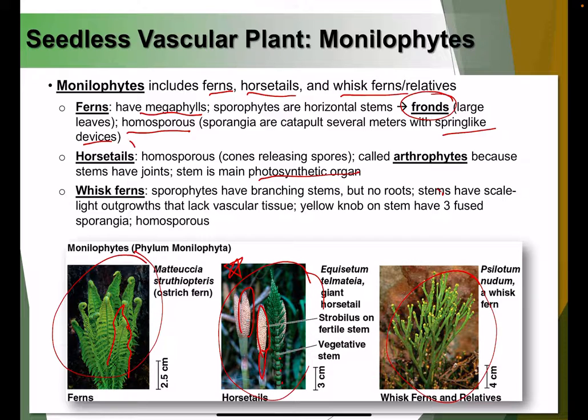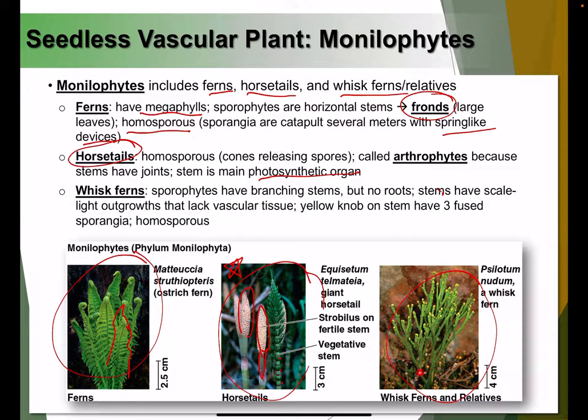So this is where I said there are exceptions where the leaves are not the main photosynthetic organ, because for horsetail, they are very tiny little leaves that can't do very much for photosynthesis. You need a large surface area of green in order to do a lot of photosynthesis. So that's why the stem becomes the main photosynthetic organ for horsetails.